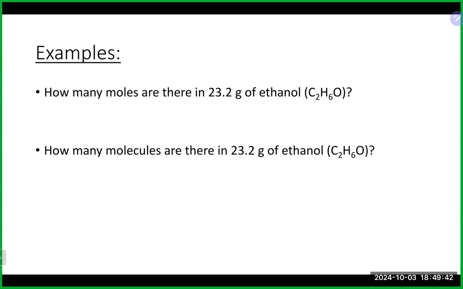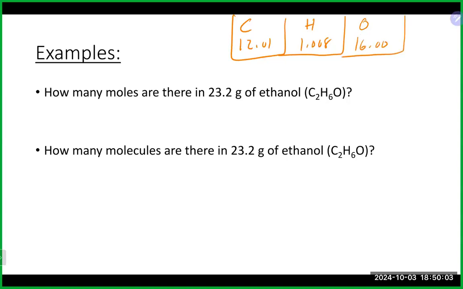How many moles are there in 23.2 grams of ethanol? And how many molecules are there in 23.2 grams of ethanol? Some information here: carbon 12.01, hydrogen 1.008, and oxygen 16. All right, take a few moments there and calculate that up.